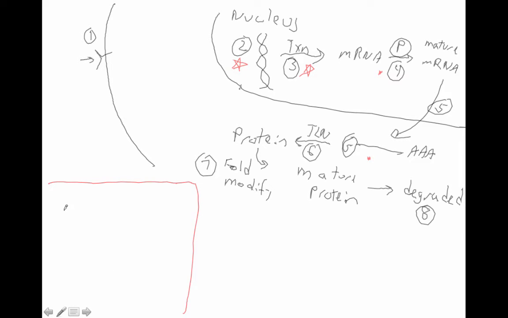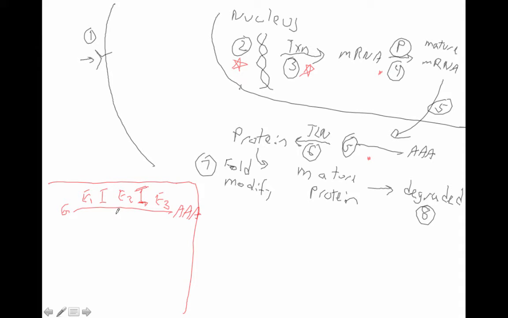Just to remind you, we've had this before, but remember this messenger RNA has our G cap on it, and we have our messenger RNA with our poly A tail. And remember, we have exons and introns: E1, I, E2, I, and E3.